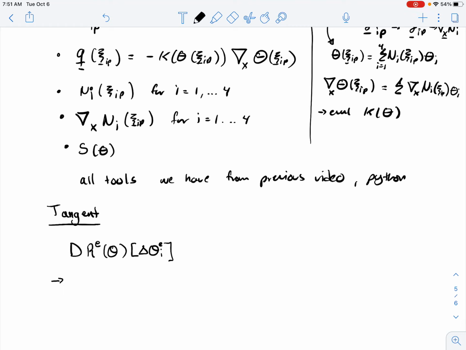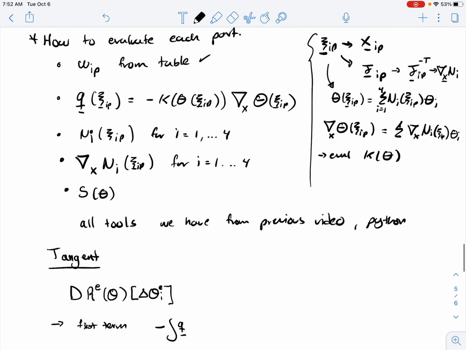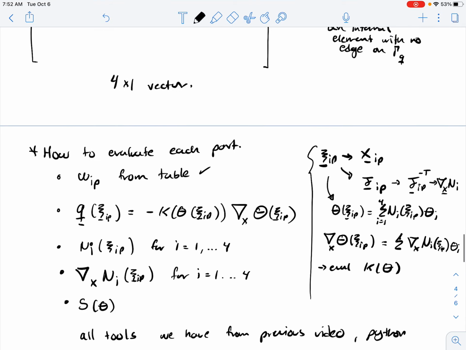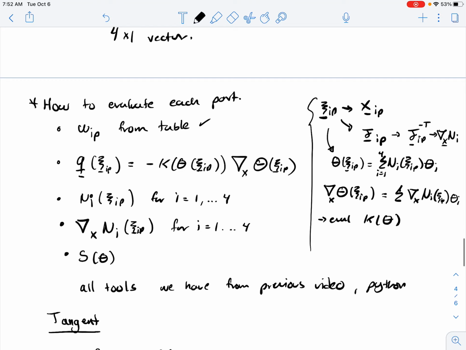And so let's do the first term, which was the integral of q. I'm going to go back to the integral because it doesn't matter at the end. We're going to linearize before the discretization, and then you'll see that we can go back to the integral that we had initially.